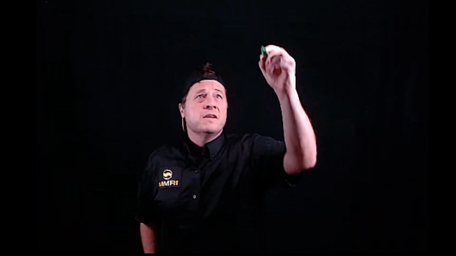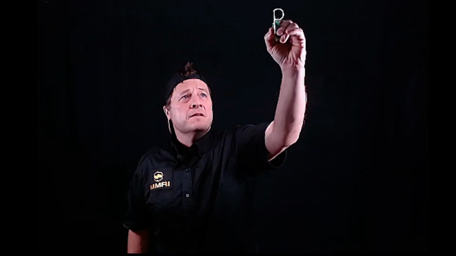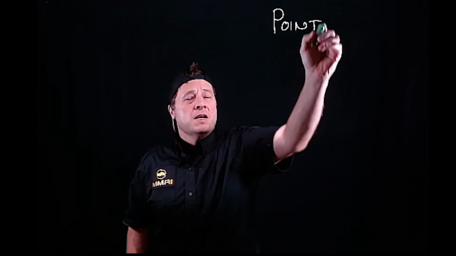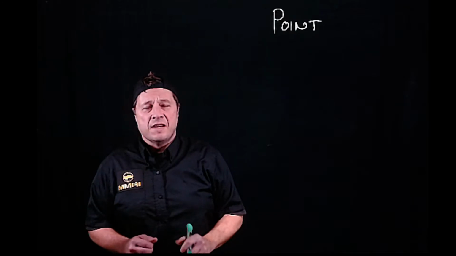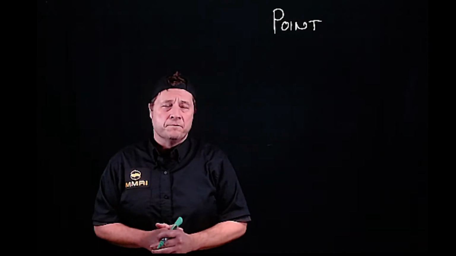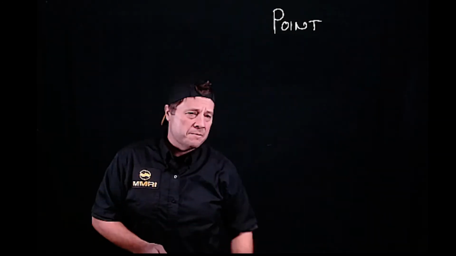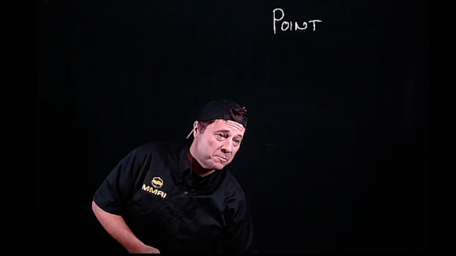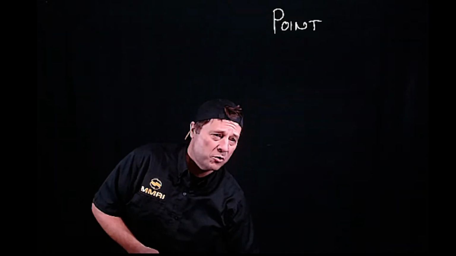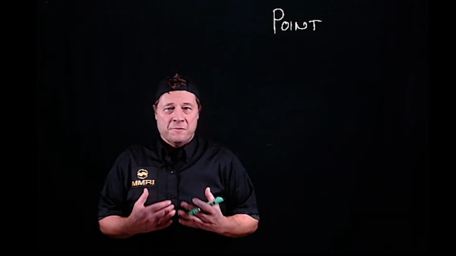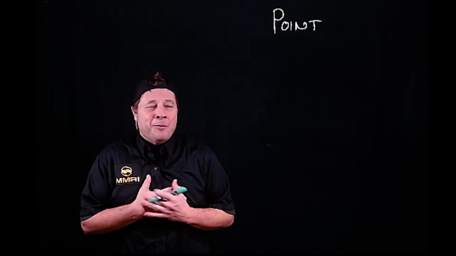and angular measure. So the first thing that we want to talk about is the point, okay? Now, a lot of times in geometry, we say point A to point B. Okay, so what we need to understand about this component is that we have to be able to show a point, right?